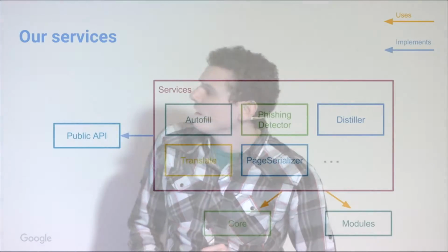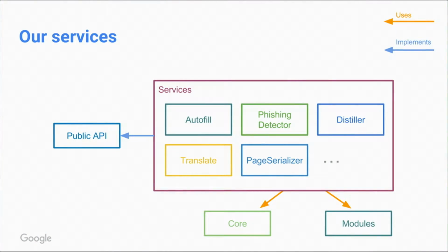And here's an example. The service layer will contain everything from autofill to phishing detector, the page serializer, translate, and some other stuff I'm probably forgetting. Now this might look similar to other layering efforts that you've seen. For example, there's an effort to maybe rewrite the form controls on top of primitives.